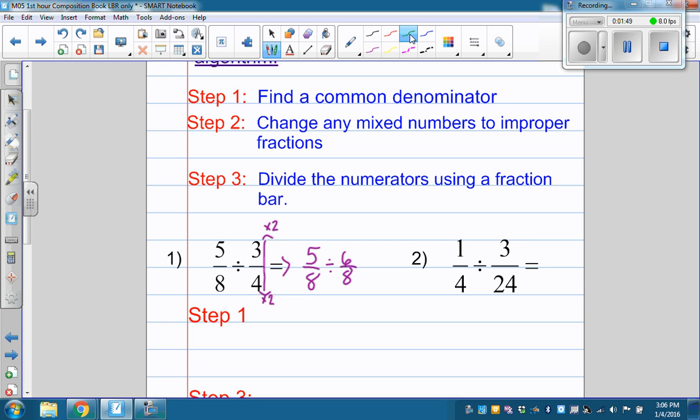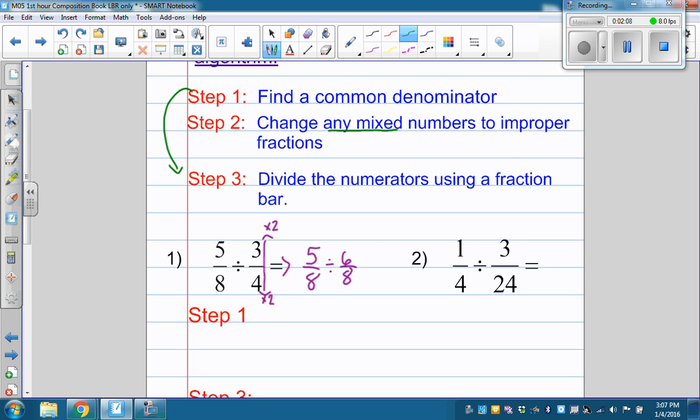The nice thing about this method is once we get a common denominator, we can look at a really quick way to find the answer. First, we want to make sure to change any mixed numbers to improper fractions, but we don't have any mixed numbers, so we're going to go from step 1 to step 3.